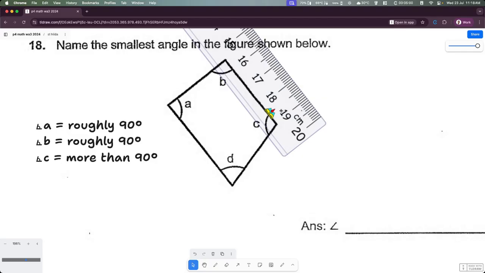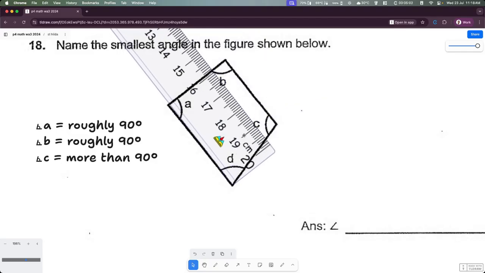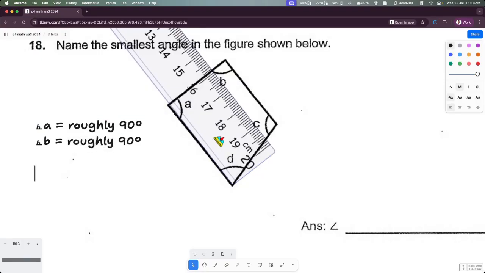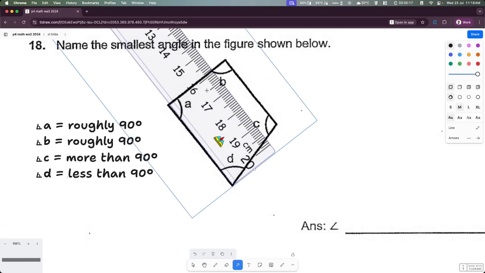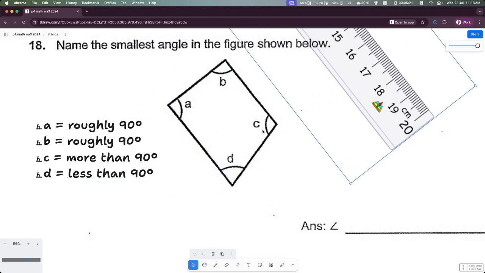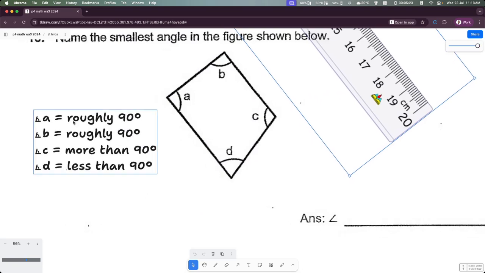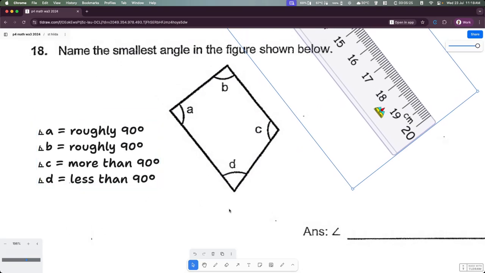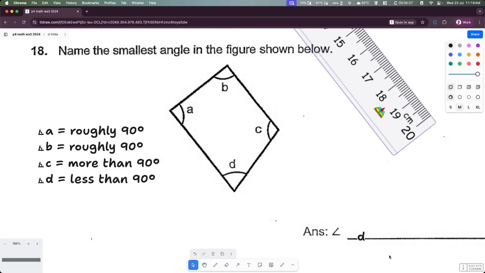Right, so we have roughly a gauge on this. But if you were to use your ruler, you see that angle D is actually less. So angle D is less than 90 degrees. From this, what can you conclude? So that means the smallest angle should be angle D. So that means the answer to this question is angle D.